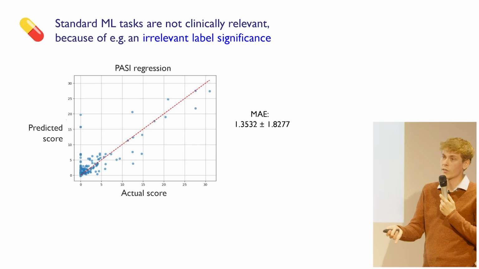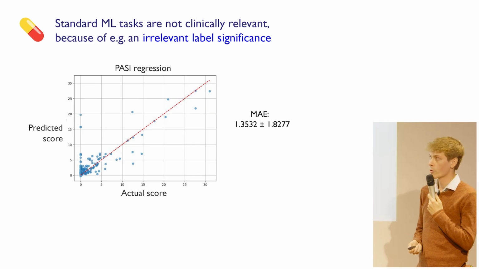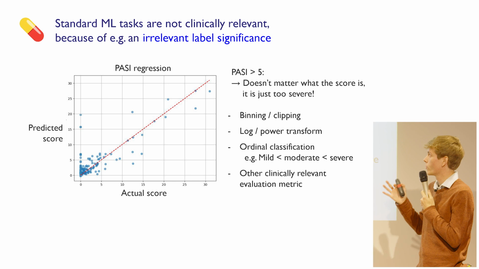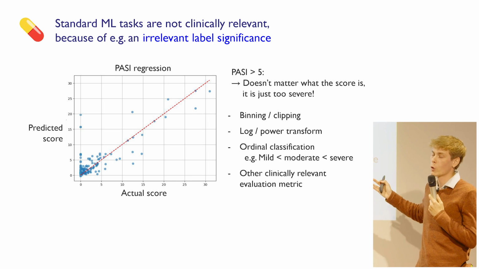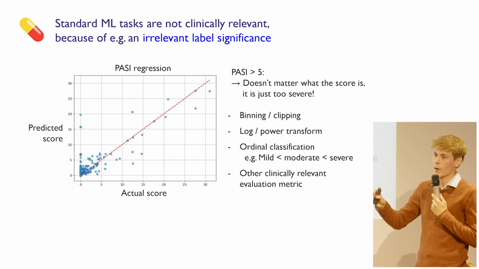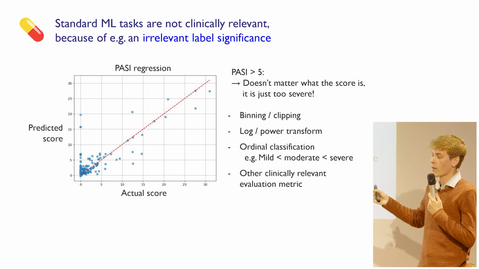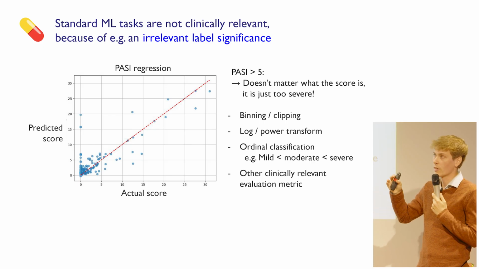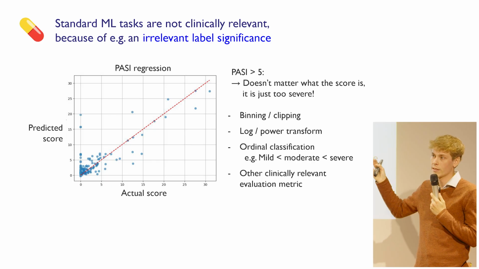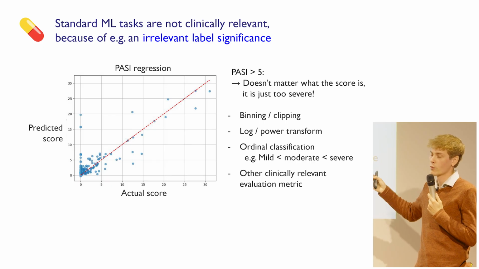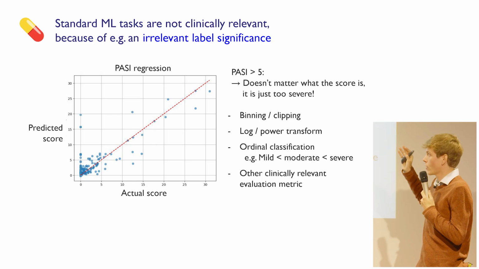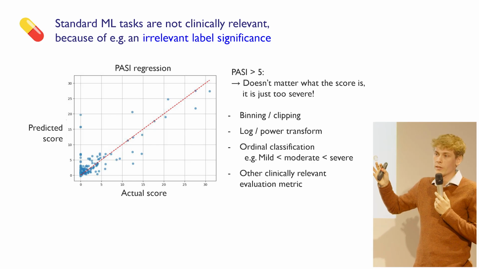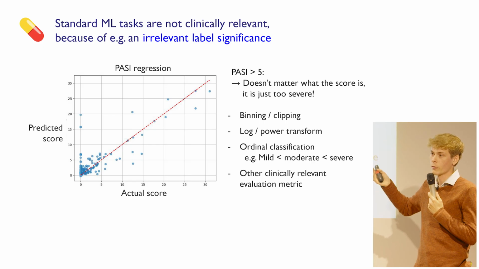And we present these results to the hospital, but they say, well, we don't really care if the PASI score is higher than 5, because we want to know if we want to use this medication that the predictions are made for. And if the threshold is exceeded, the PASI score of 5 is exceeded, then we won't use this medication. So it doesn't matter if the PASI score is 5 or 6 or 7. So our labels are not really significant for the clinical task.